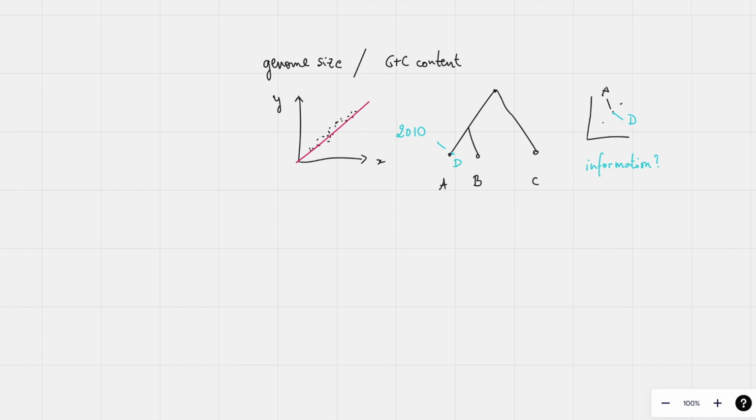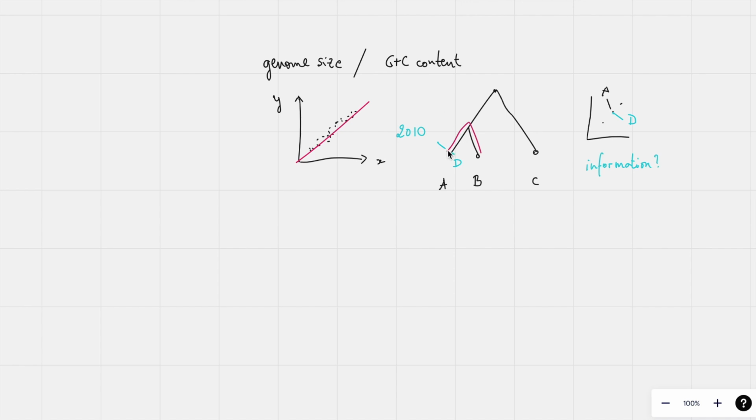And as the split between species is further back in time, we have more and more information, but the information is not completely new either. So here we have a certain evolutionary time between species A and B, and that time is of course longer than between A and D, but still, genome sizes don't vary so fast, and GC contents either.